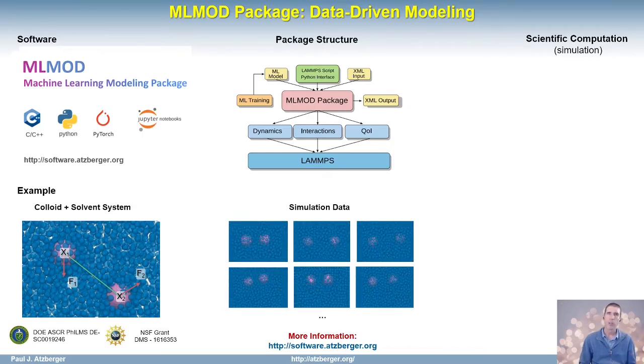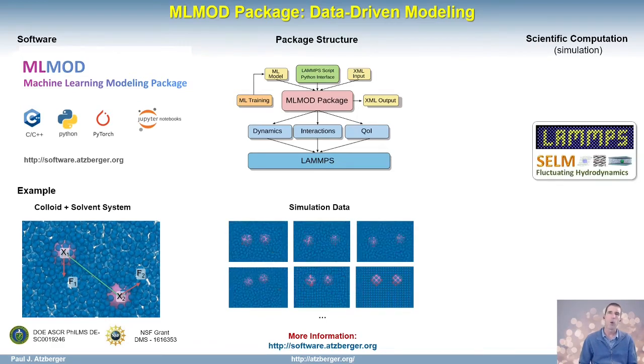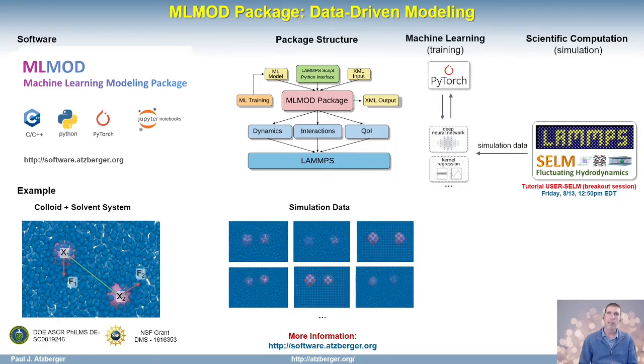The typical workflow in such a problem would be to start off with your simulation in LAMMPS or in our SELM package, and then use that trajectory data within your preferred machine learning framework to learn those important response functions. This can be encoded in many different ways. You can pick whatever your favorite model class is, such as deep neural networks. You can use things like kernel regression.